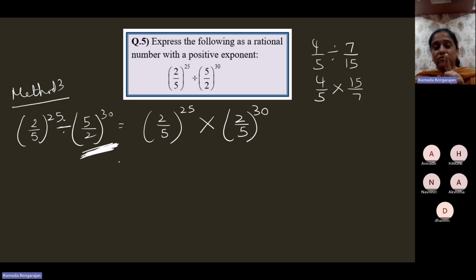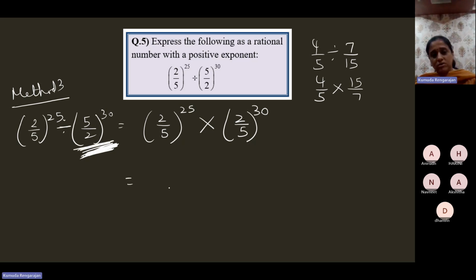You should choose the correct one, which is apt for this situation. Since the first one has base 2 by 5, in the second one also you want the base 2 by 5. So you write 5 by 2 as 2 by 5. Then you write the power as it is because you've taken the reciprocal of the base. Only then it is writing the reciprocal of this expression.